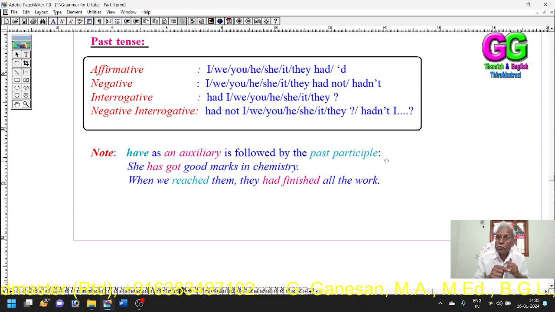She has got good marks in chemistry: has is the auxiliary, got is the past participle. When we reached them, they had finished all their work: had is the auxiliary, finished is the past participle.